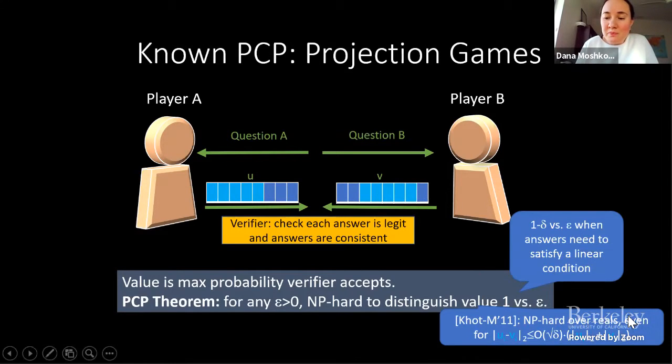Okay, so even if you allow on those common indices, this is just U_i minus V_i, to have a distance square root delta, even then it's going to be NP-hard to achieve a large constant value.